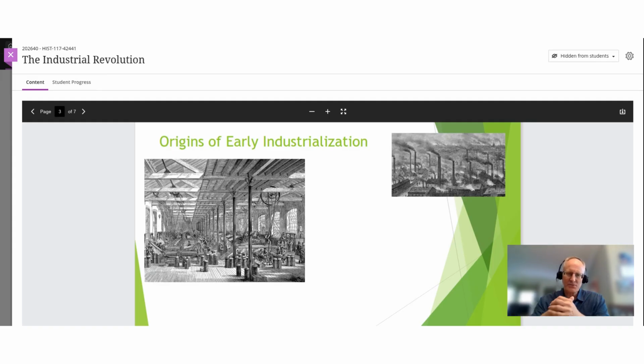very similar to the European Enlightenment, where you have in the intellectual fields a growing body of knowledge that scholars were contributing to.